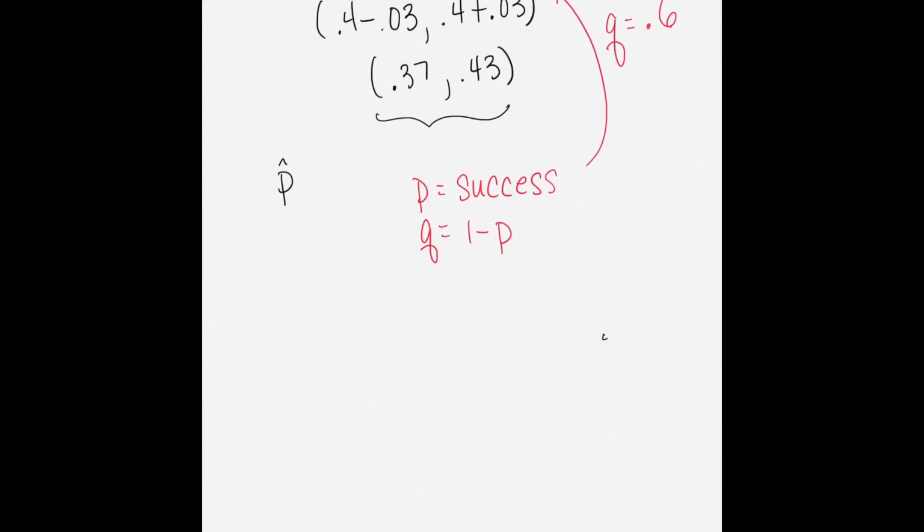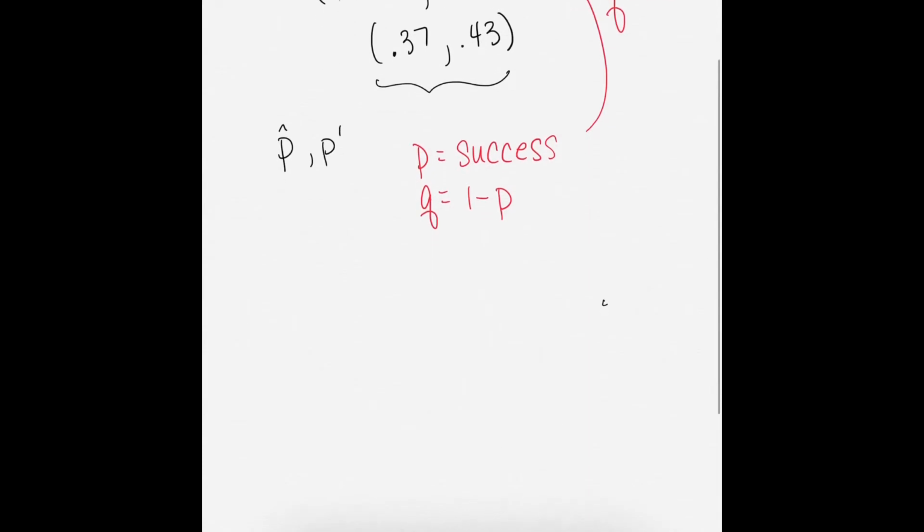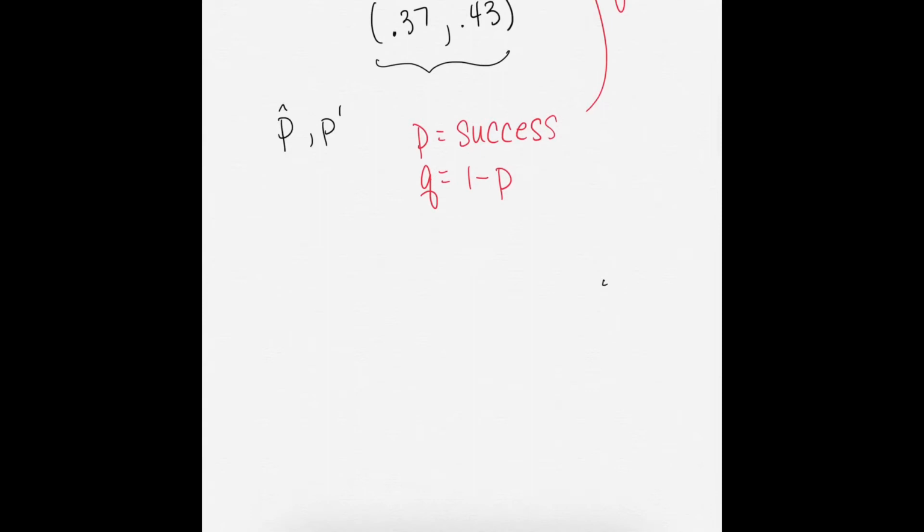So p hat, or sometimes p prime, is going to be our estimate for the true population proportion.